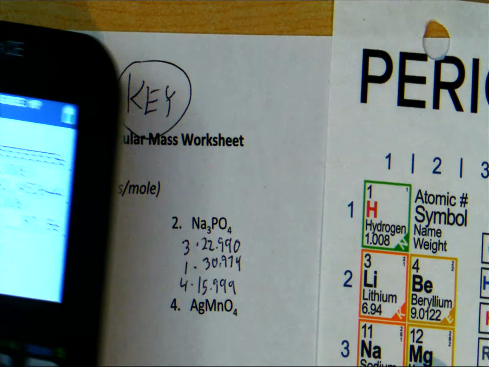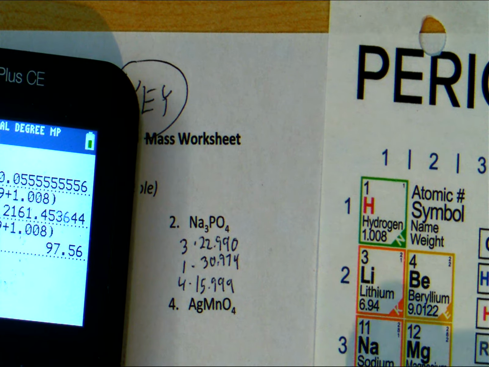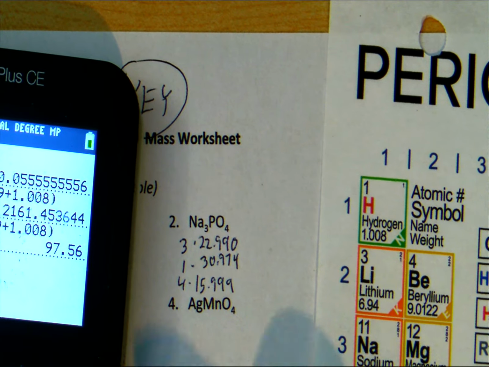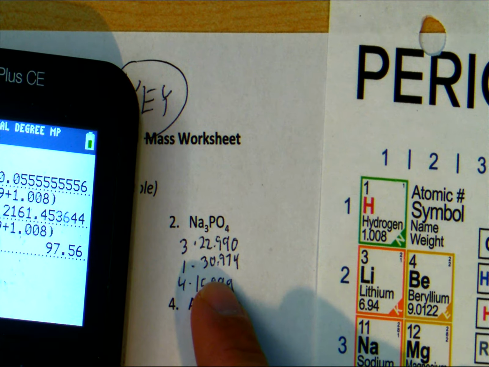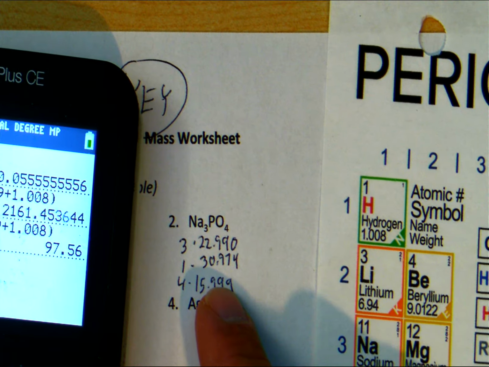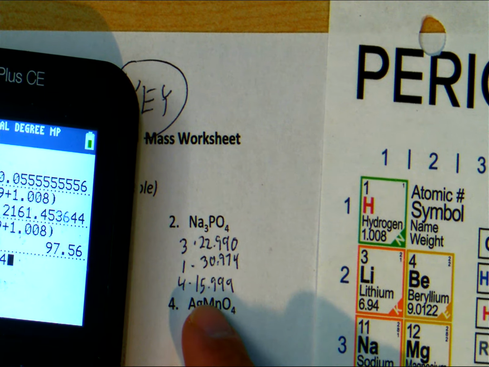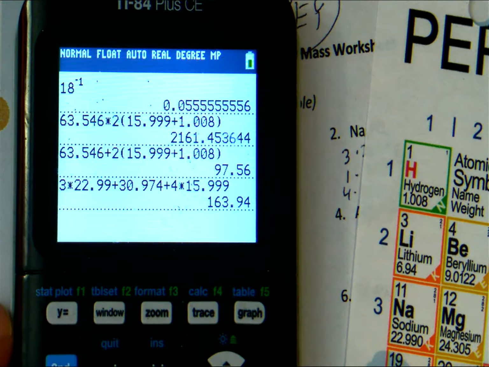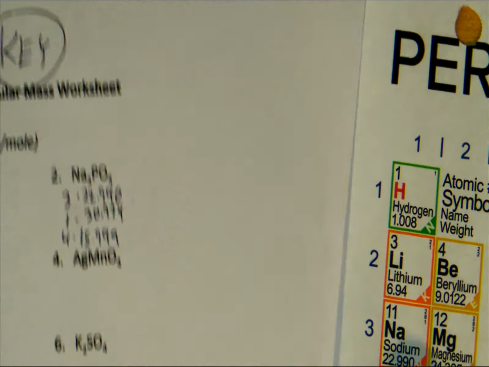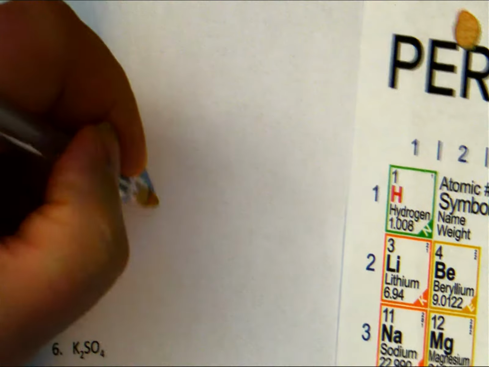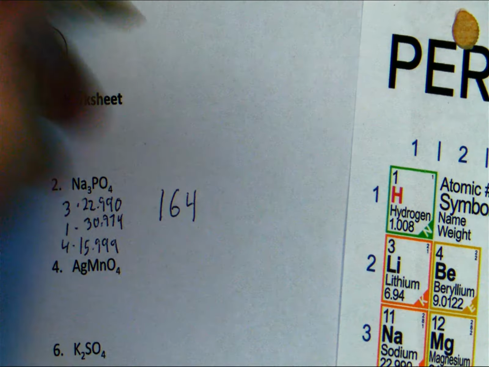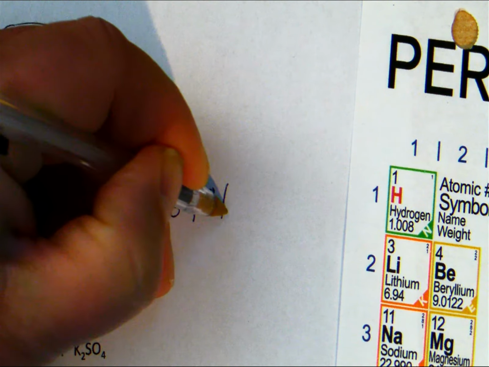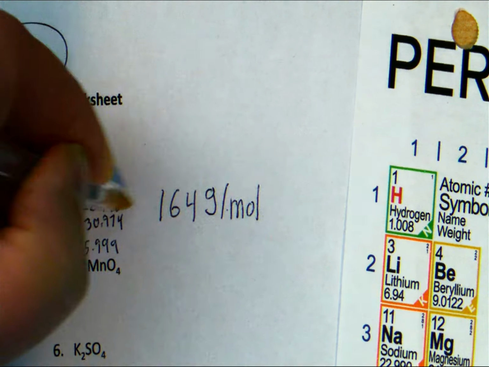I use my calculator. 3 times 22.99 plus 30.974 plus 4 times 15.999. And it reports 164 grams per mole of this.